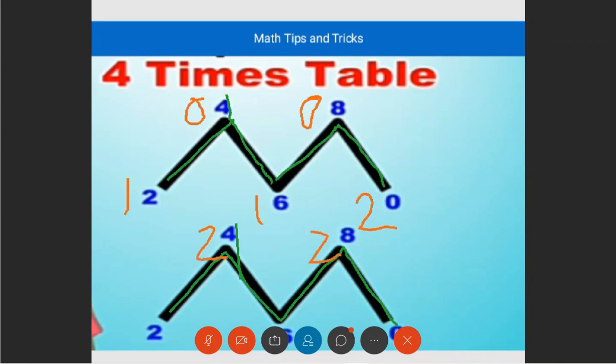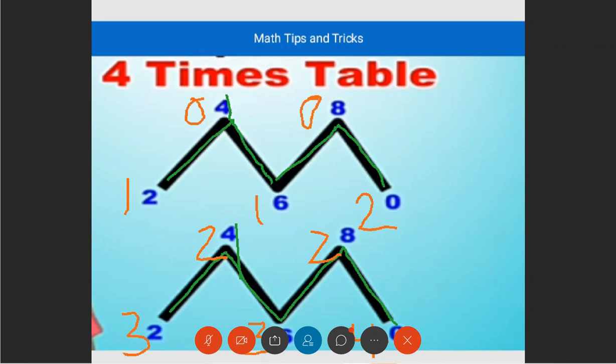After that the next number comes, 3, and when double numbers come, the number increases, so 4. Yes, we got the 4 table.